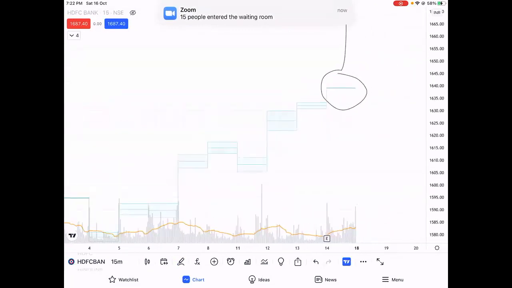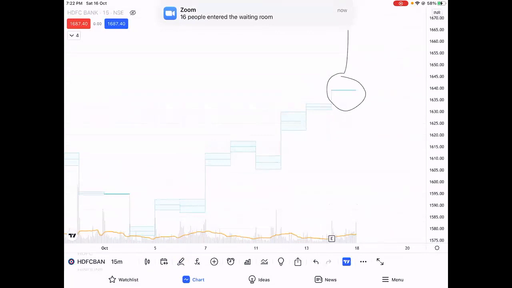Now, what does this indicate? What kind of analysis is based behind this particular type of CPR? Narrow CPR is nothing but the range between the top central and the bottom central getting very, very narrow.